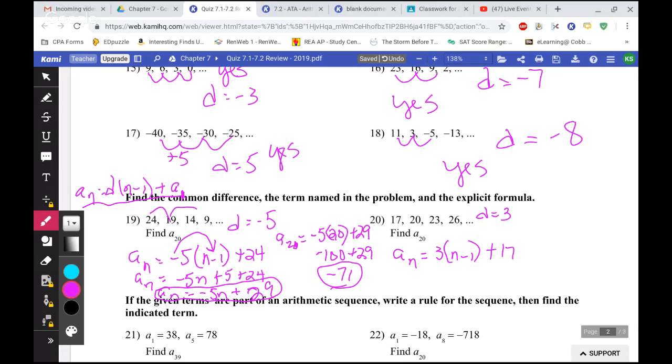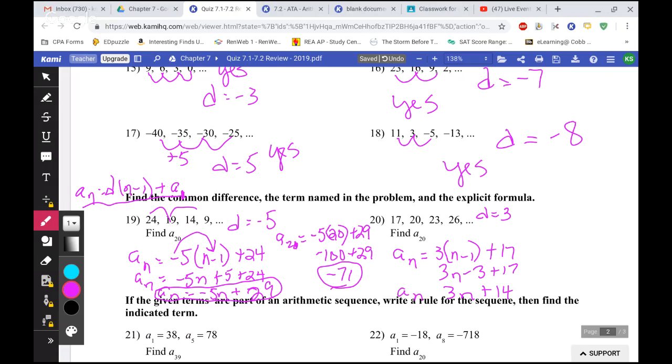So you're going to get A sub N equals 3N minus 3 and then plus 17. And then you're going to get, yeah, that's it for that, right? Yeah. 3N plus 14, is that what you got?